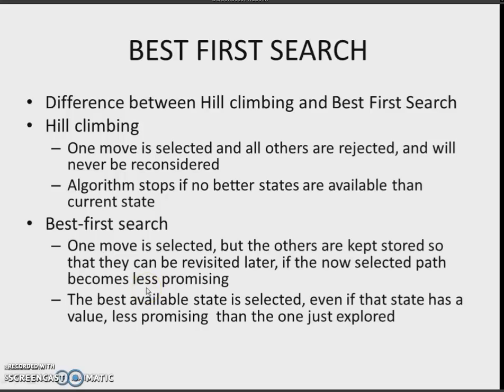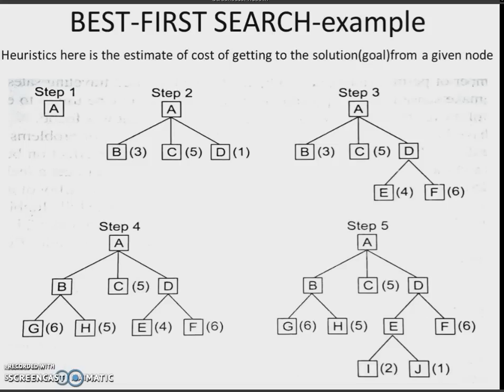So, what happens in best first search? Just concentrate on best first search. One move is selected, but the others are kept stored so that they can be revisited later. If the now selected path becomes less promising, the best available state is selected even if that state has a value less promising than the one just explored. So you can see this tree.